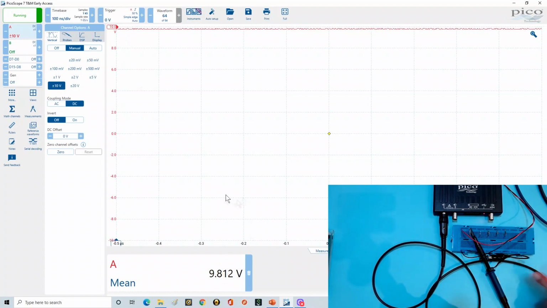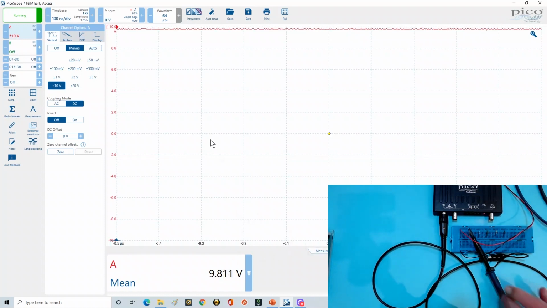Now what's important is what happens when I move this probe around my circuit. Ideally, we don't want it to have any influence at all, because we should always see 9.8 volts. However, that's not actually what happens because of the nature of the probe and the nature of the picoscope itself.